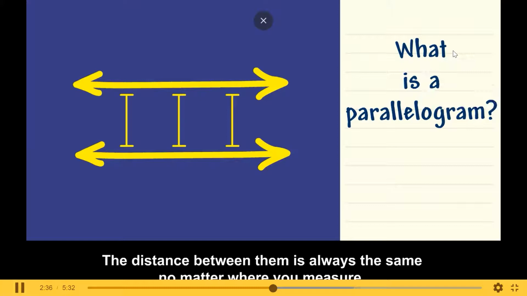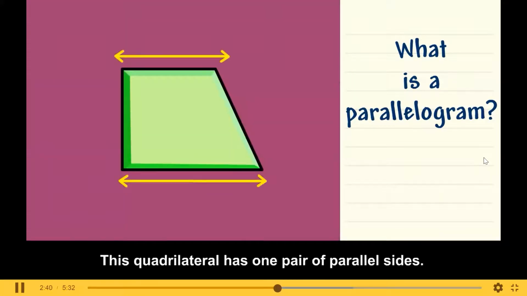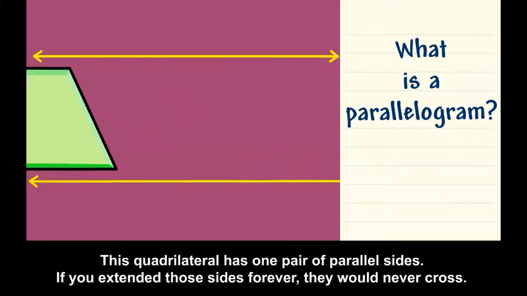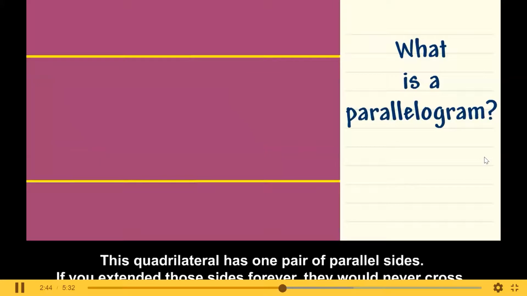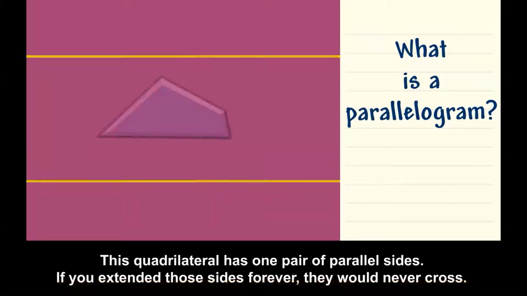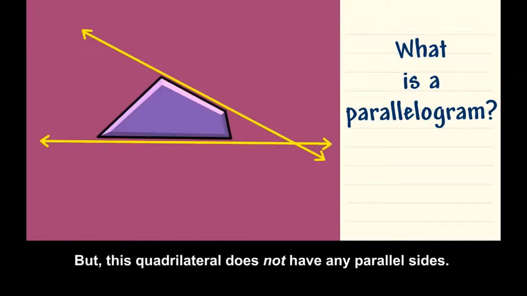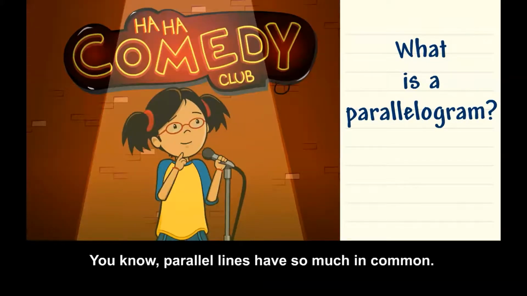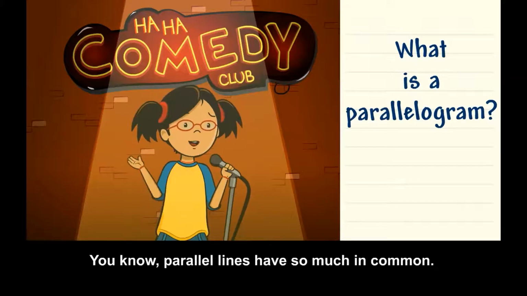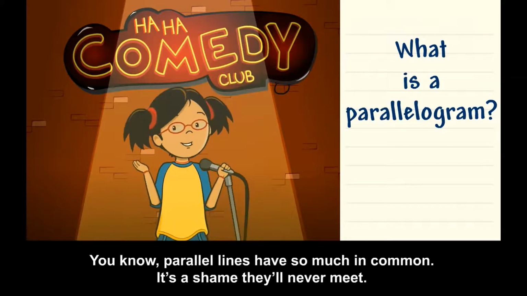This quadrilateral has one pair of parallel sides. If you extended those sides forever, they would never cross. But this quadrilateral does not have any parallel sides. You know, parallel lines have so much in common. It's a shame they'll never meet.